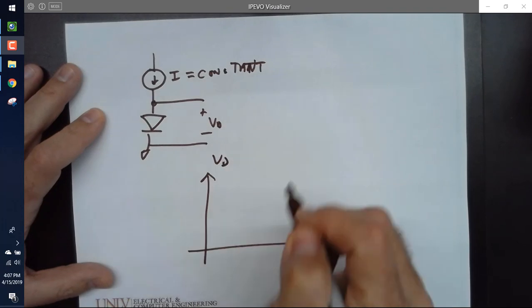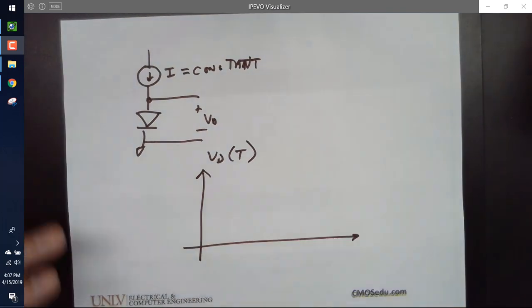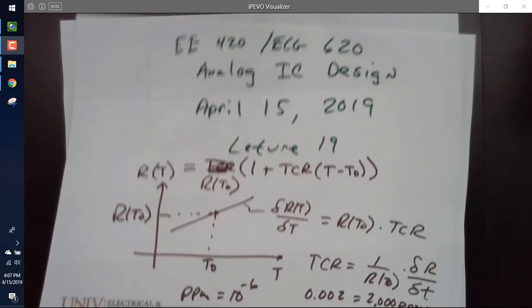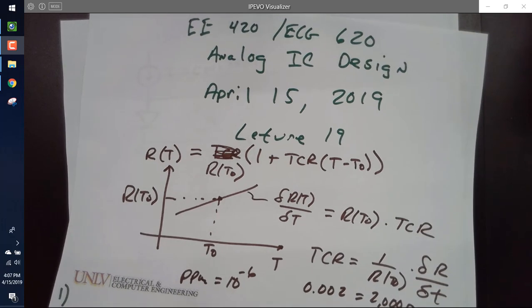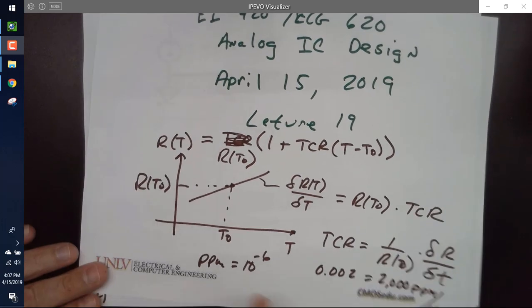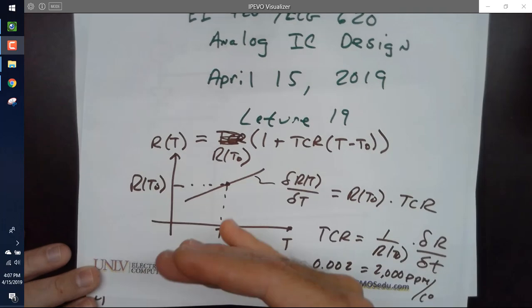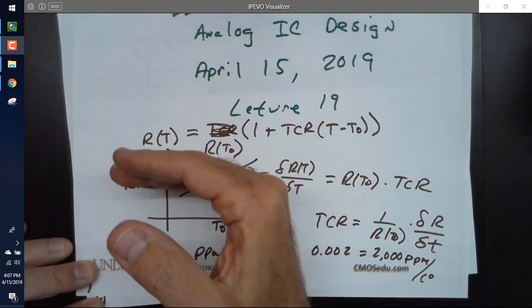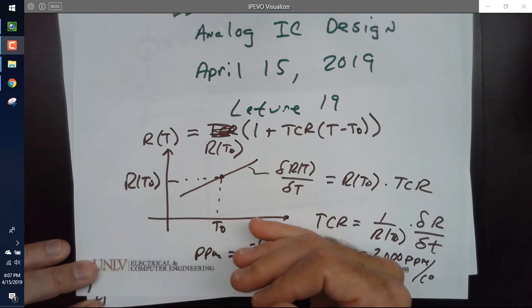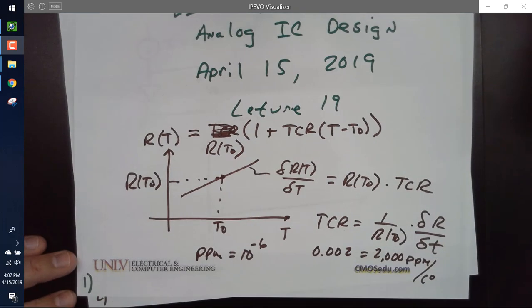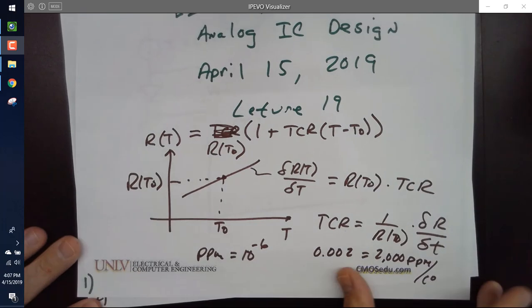Oh, one other thing I should point out here before we move on. If a resistor has a positive temperature coefficient, the slope is going up. And if a resistor has a negative temperature coefficient, the slope is going down. And if you read in chapter 4, there's a discussion on how you could have positive or negative temperature coefficients for resistors, all right? So just so you see that.